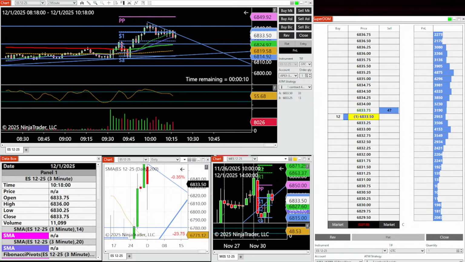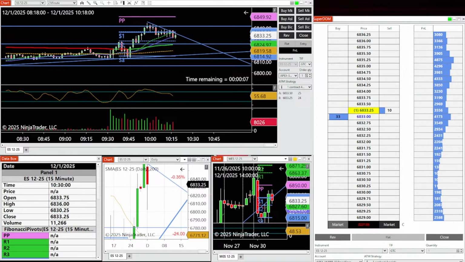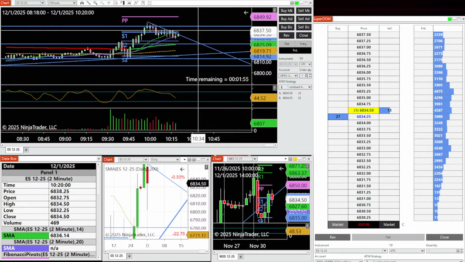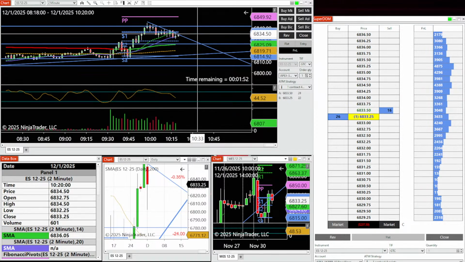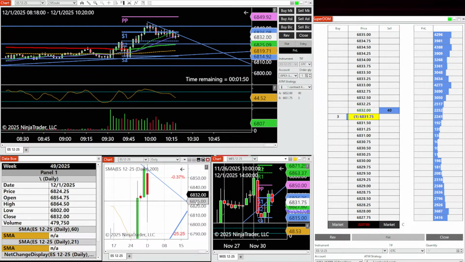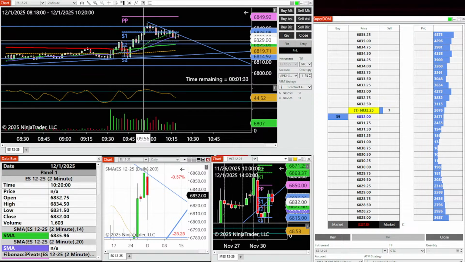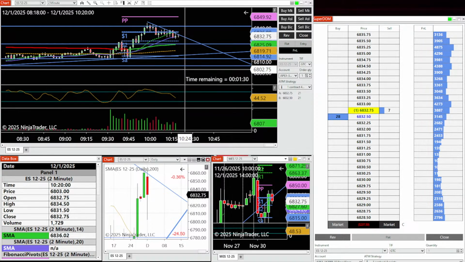Let it make a move and then try to follow the move. Continuation. Trying to get into a continuation trade. If we're going up and we pull back and we break the 40 somehow and we start to get the continuation, I think it would be a heavier lift to go from green to red. Not saying it can't be done, but if it gets enough squeeze, like it just did here, I got squeezed out a couple of times.